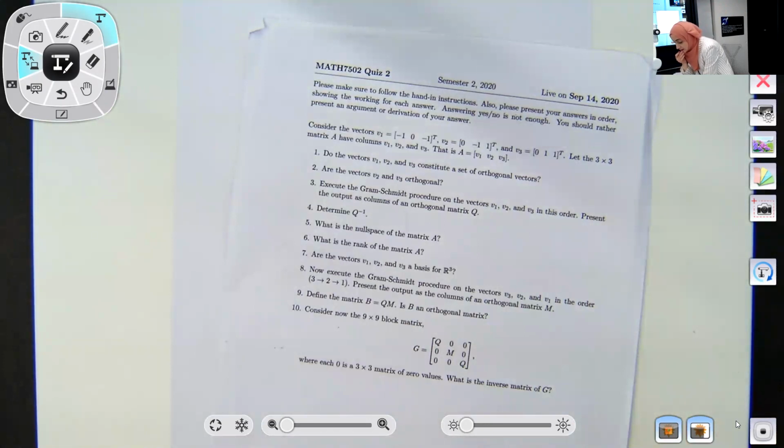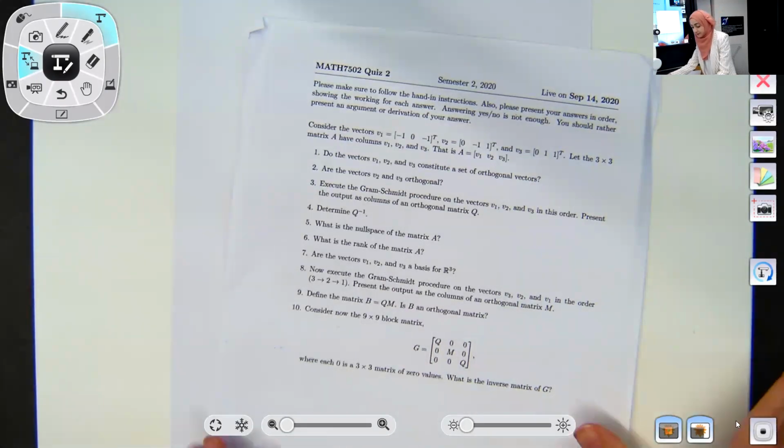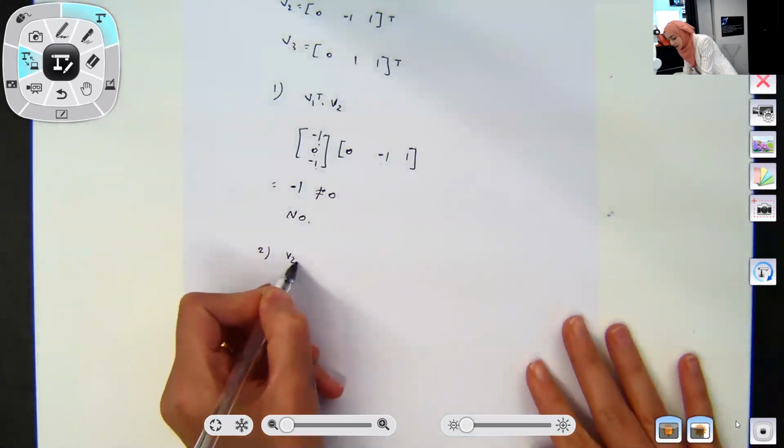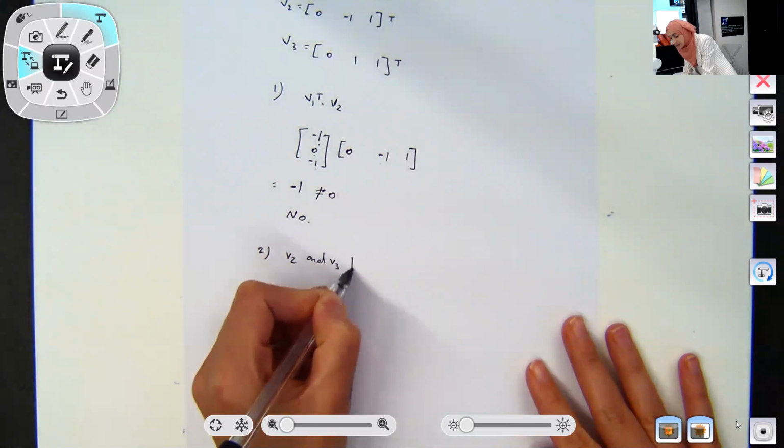In part 2, they ask, are the vectors v2 and v3 orthogonal?